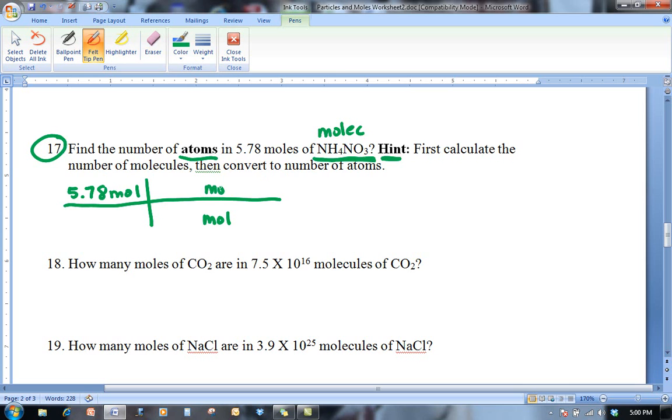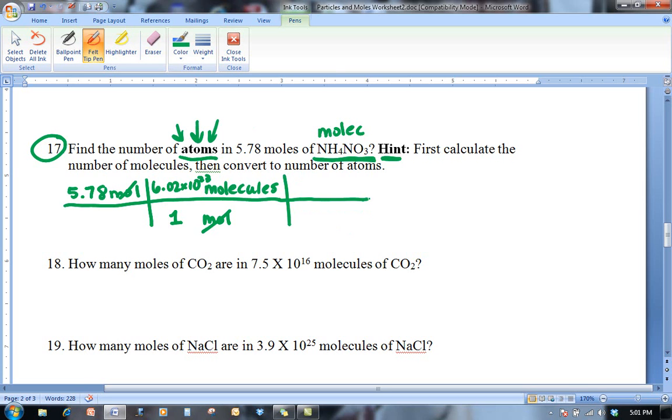So I'm going to put molecules at the top. I know that 1 mole is equal to 6.02 times 10 to the 23rd molecules. Moles cancel, but I'm not done yet, because I'm looking for atoms in the problem, and I've got molecules only at the top of the horizontal line.